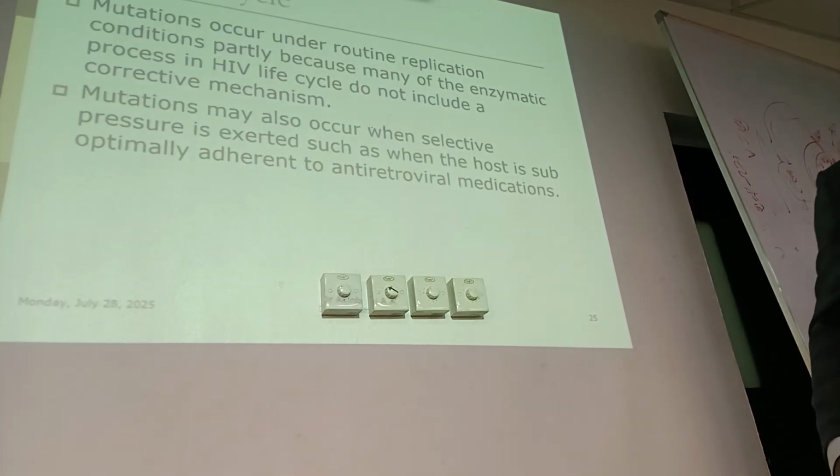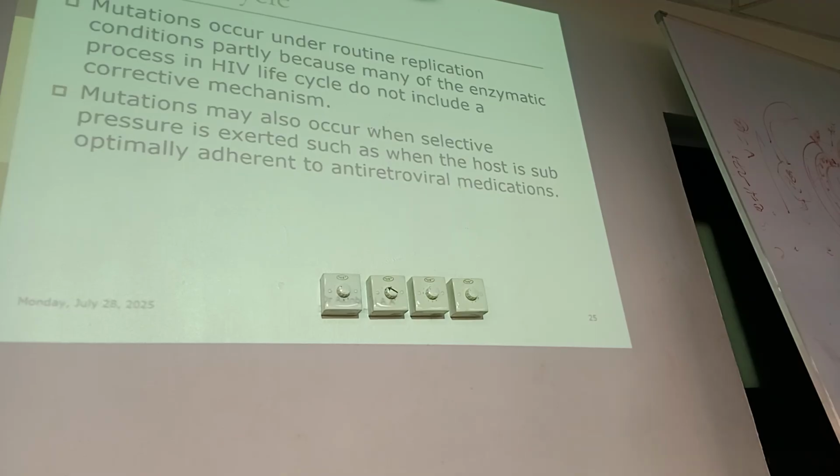So mutation, and you know the challenge is that, and that's why they've not been able to get the drugs. As they are replicating, translating, doing transcription, they are mutating, so that if you use a particular drug today, mutation will make it stop working after some time.